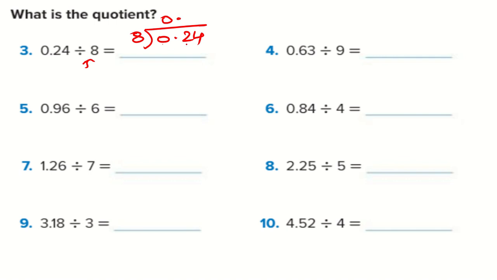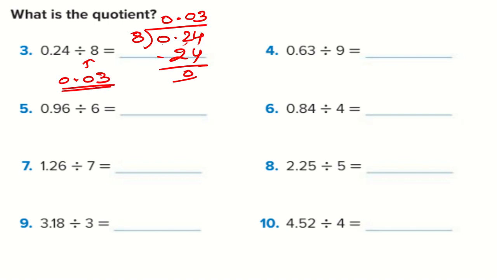Now 2 is smaller than 8. Yes or no? 2 is smaller than 8, so we cannot divide, we cannot make groups of 8 into 2. So here 0. And now you take the complete 24. So 24 divided by 8. So how many groups of 8 can you make into 24? 3 groups. So 24 minus 24 is 0. So what's the answer you are getting?